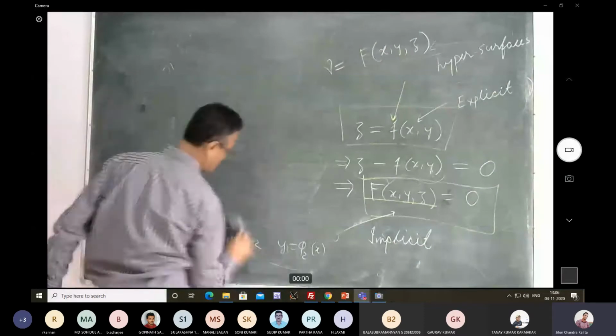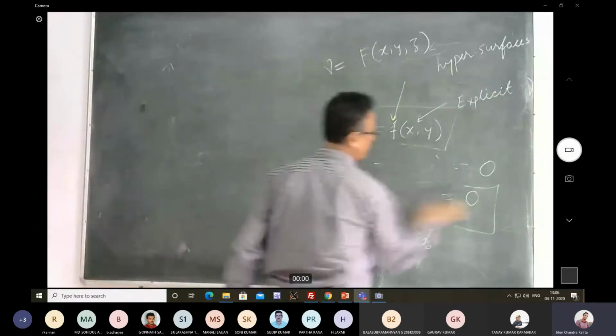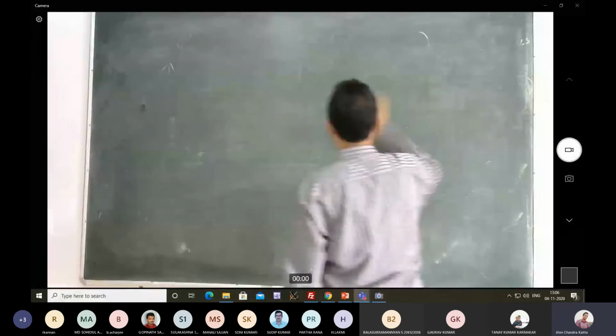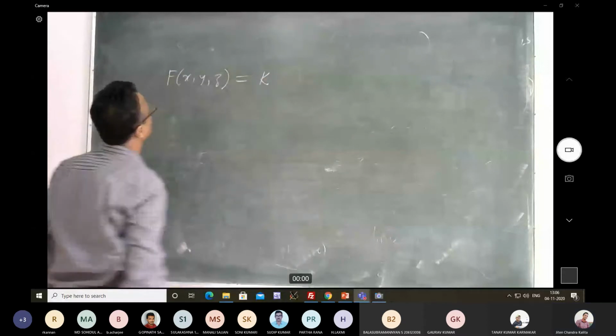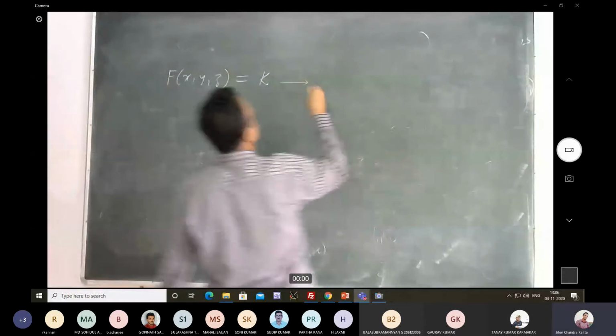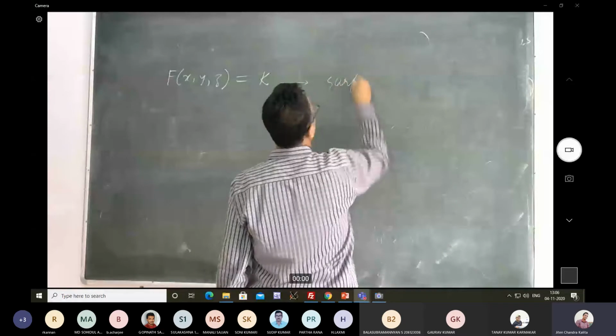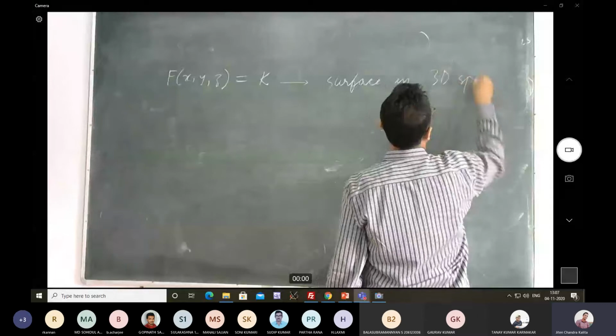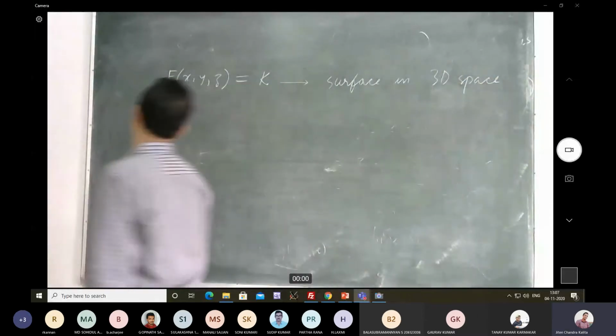back to that gradient. Okay, fine. See, suppose this is a surface in, say, 3D space. Okay, fine.